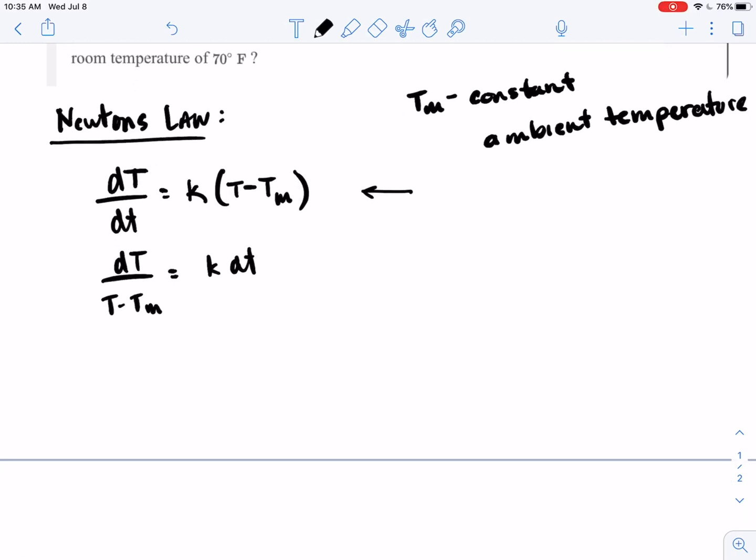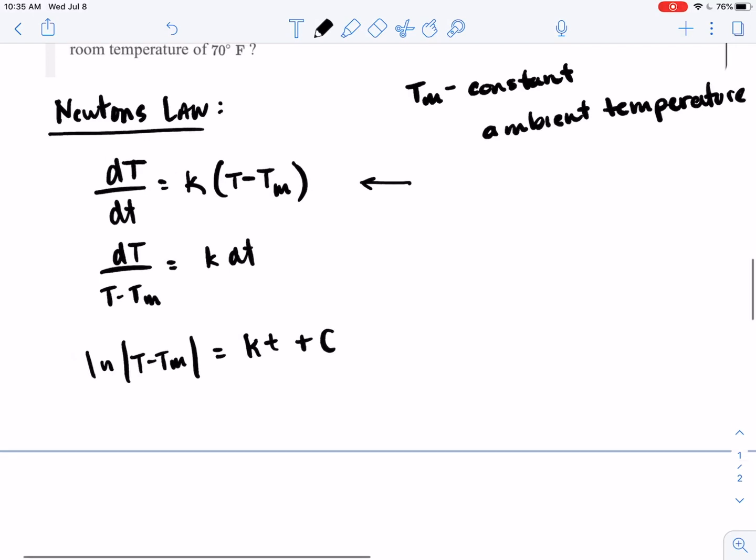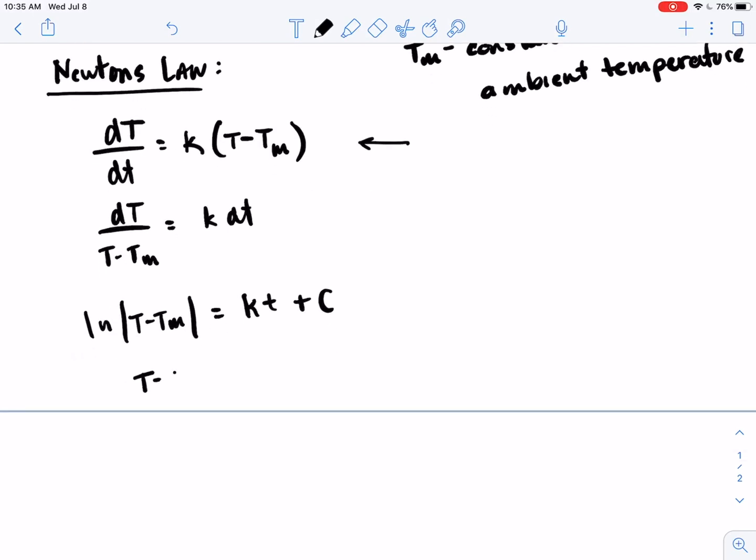And then we integrate both sides and we would get ln|T minus T sub m| equals kt plus C. And again, we have the same situation here where it's e^(kt+C). And so C, so I'll have T minus T sub m equals C e^(kt).